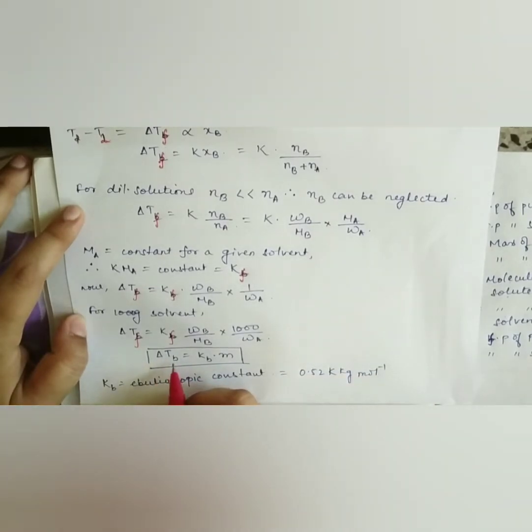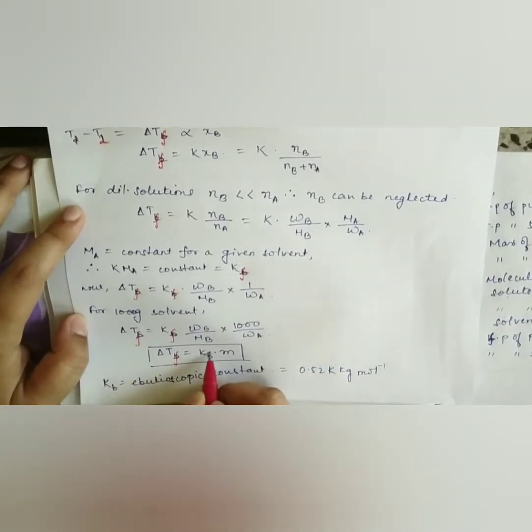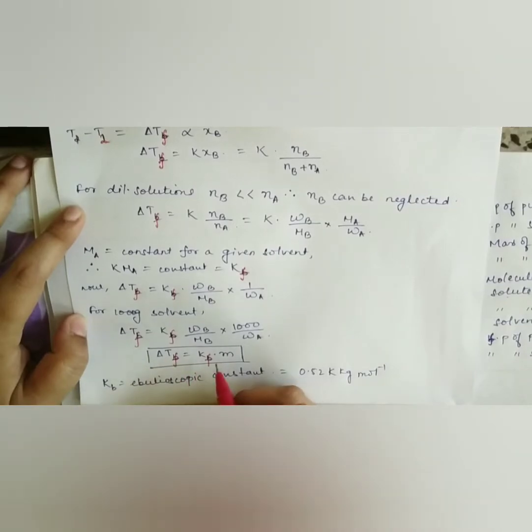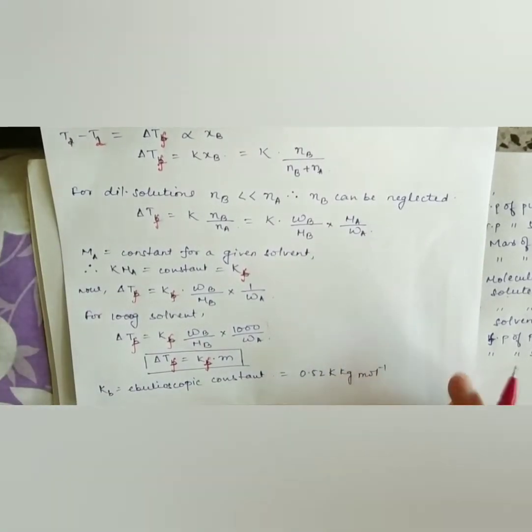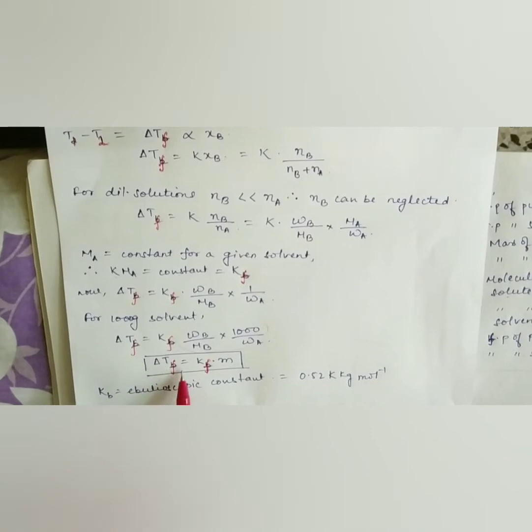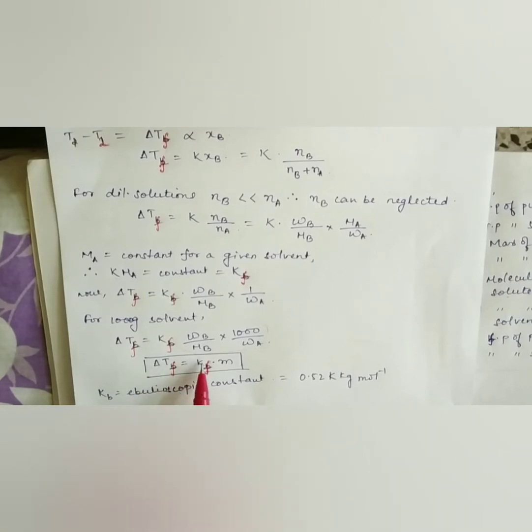So delta TF is equal to Kf into m. Since this is the expression representing molality, delta TF is equal to Kf into m.